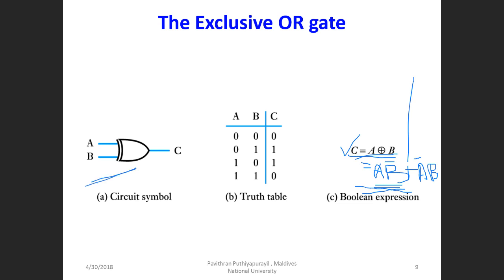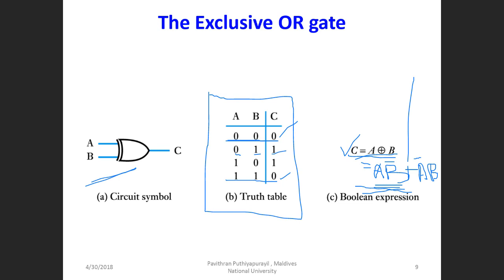And this is the truth table of the exclusive OR gate. You can see here, if both the inputs are the same, like 0 0 and 1 1, you will get 0 at the output. If both the inputs are not similar, only then you will get 1 at the output. Here 0 and 1 at the input gives 1, and 1 and 0 also gives 1.